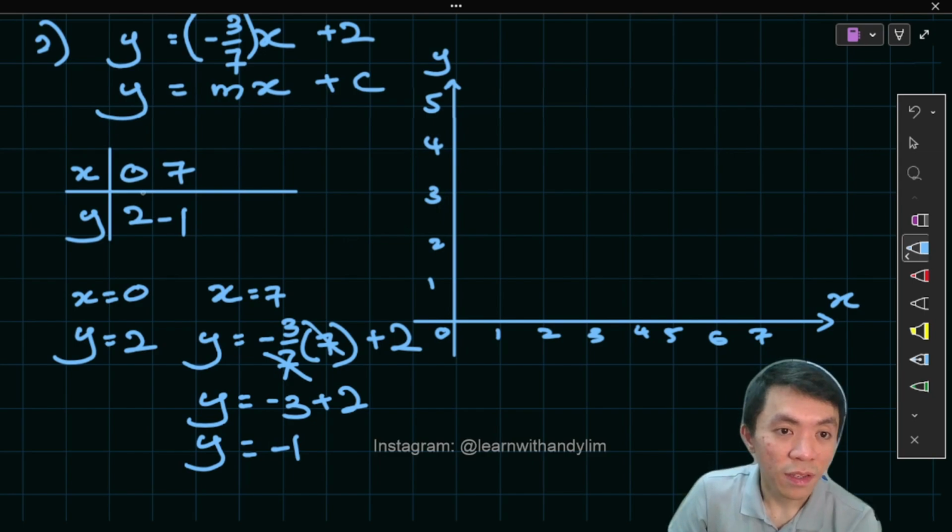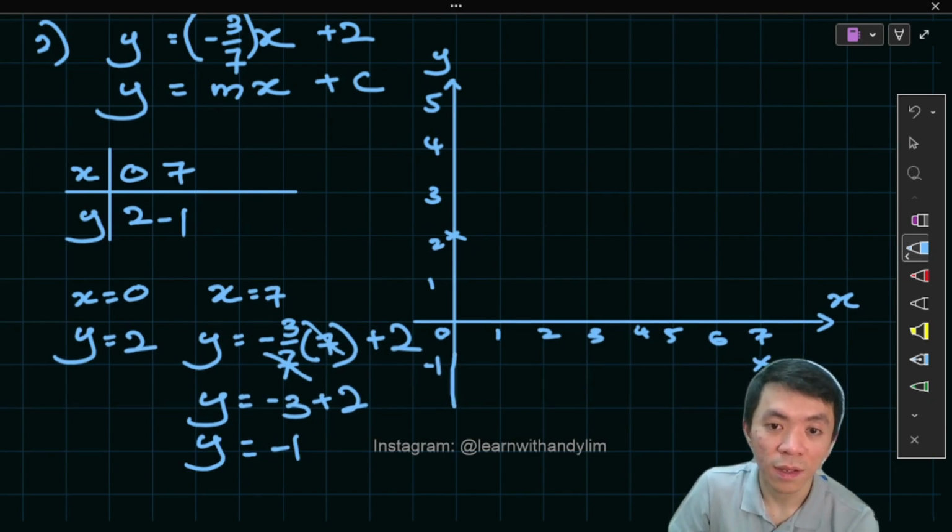All right, so the first point will be (0, 2). I have my x to be 0, my y to be 2. My second point will be (7, negative 1). Negative 1 as my y will be right here. So you can see I have a straight line.